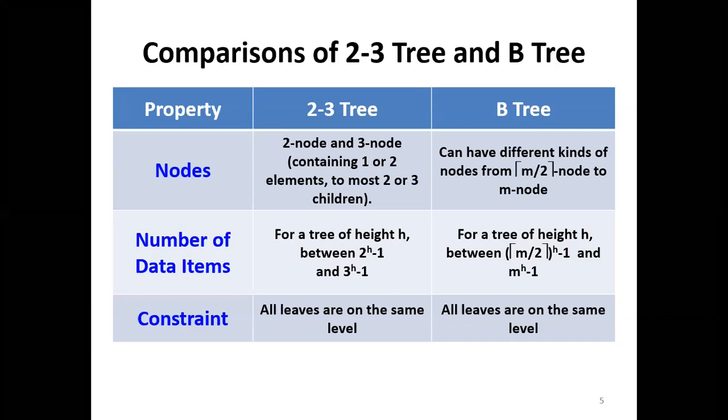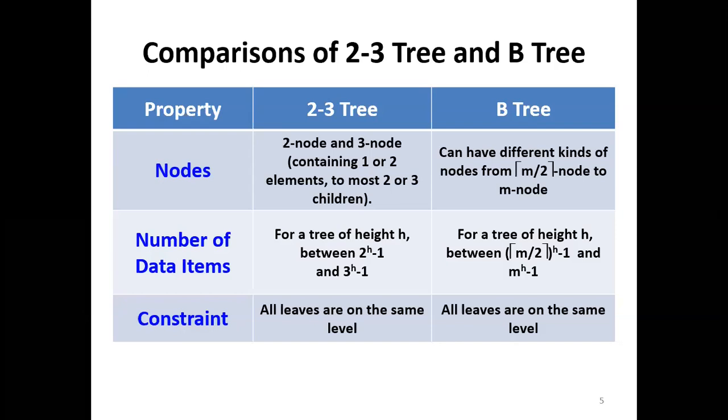If we look at the number of data items under a 2-3 tree, it could be calculated using 2 to the power h minus 1 and 3 to the power h minus 1. But for the B tree, we can do the calculation using M divided by 2 to the power of h minus 1 and M to the power of h minus 1.